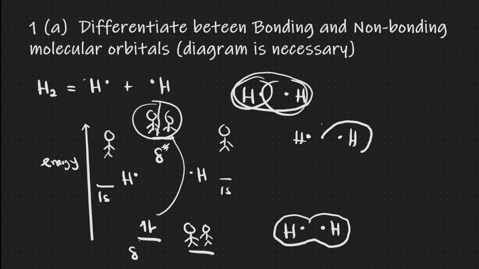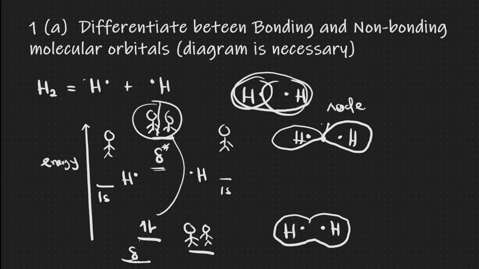This one is opposing this and this one is also opposing this. So this is the kind of orbital you have. There is always a node here. So it's applicable to the atoms: when they combine, they either form a lower energy sigma bond or they form a higher energy antibonding molecular orbital.